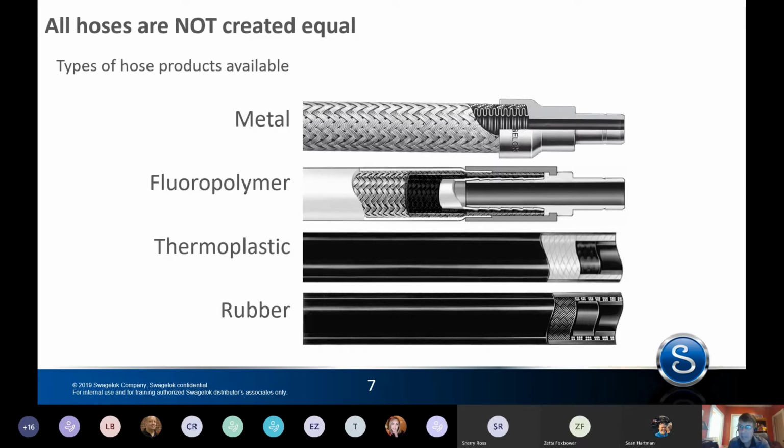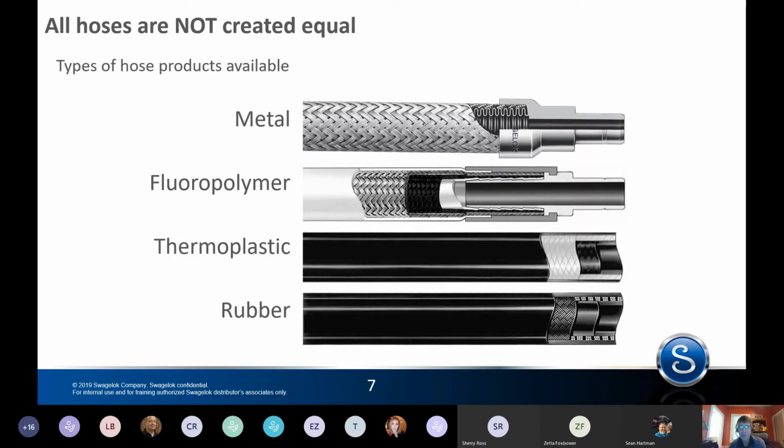It can withstand high pressure impulses, very soft materials in this, so it doesn't break. You can imagine harder materials like metal that would break very easily in high impulse applications. If you imagine bending a paper clip back and forth, it will break very quickly. A thermoplastic hose, being made of all soft materials, will last much longer.